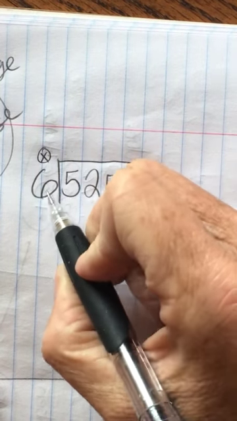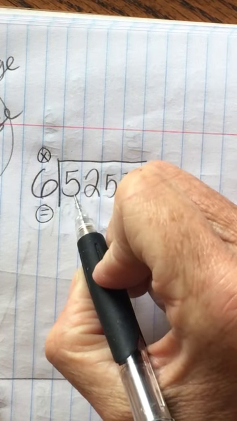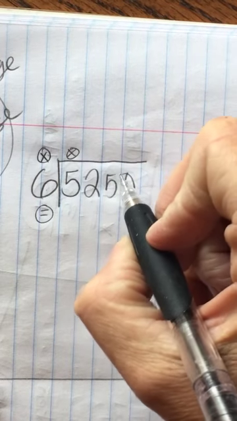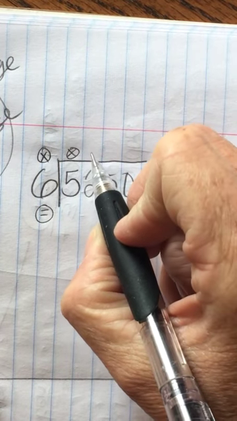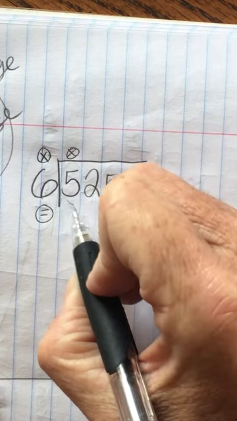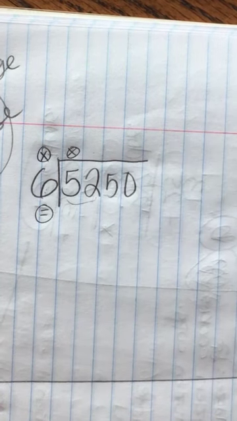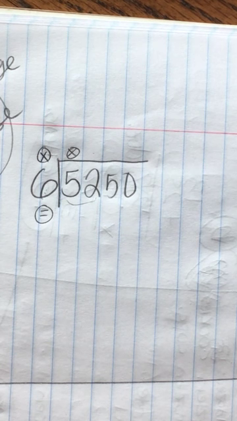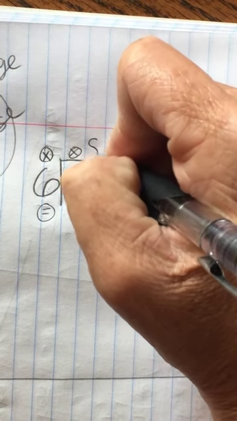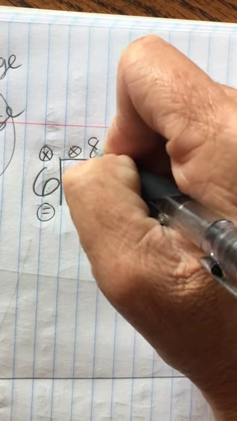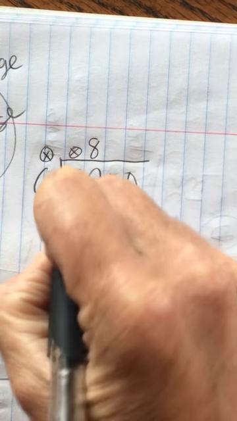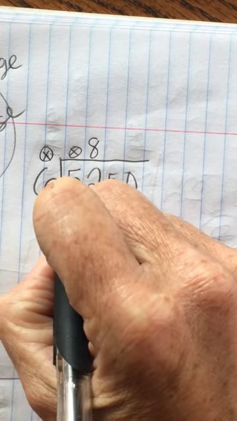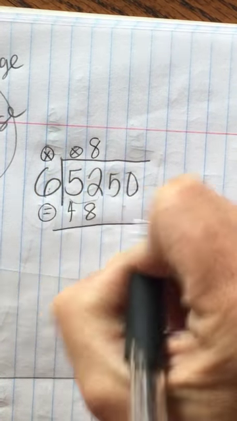It's what times 6 equals 5. We know nothing. That's a place value holder. Then it becomes what times 6 equals 52, or gets close without going over. Well, we know 9 times 6 is 54, so 8 times 6 is, my guess, 48 would be as close as we can get. 8 times 6 equals 48.